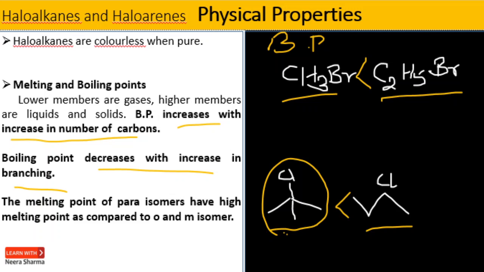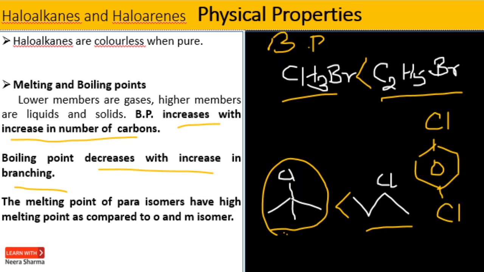As the branching is more, the surface area will become less and there will be less van der Waals force of attraction. And if I'm having dihaloarenes, then the melting point of the para isomer is higher as compared to the others.